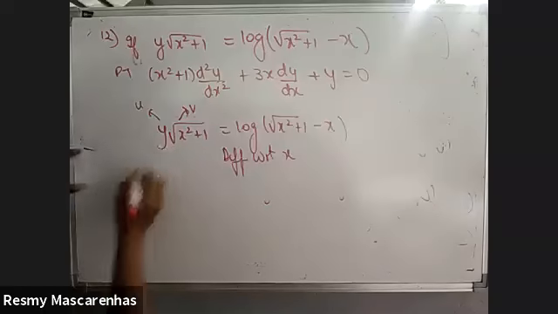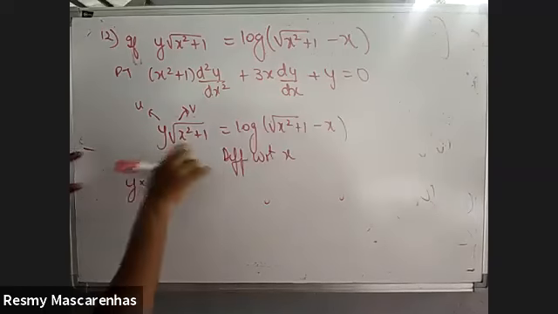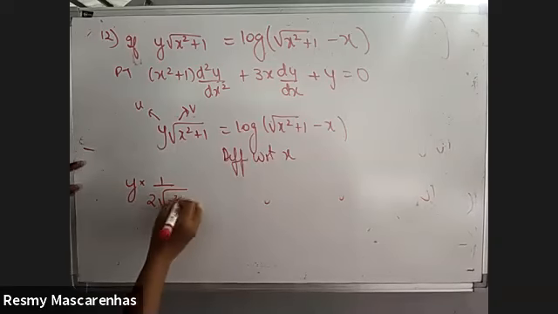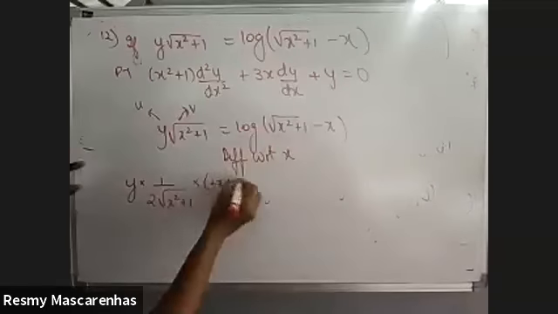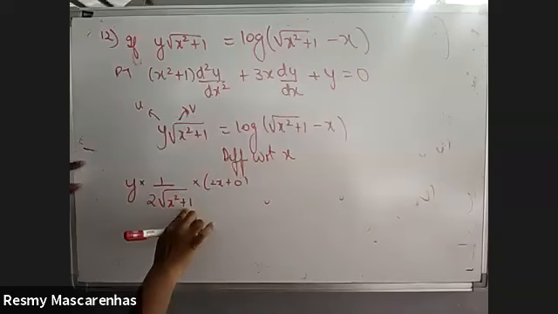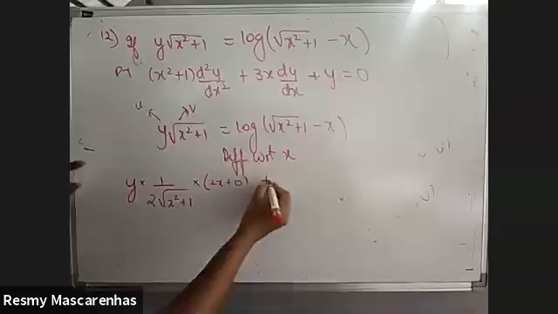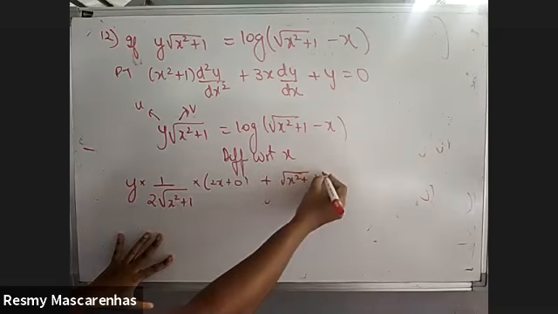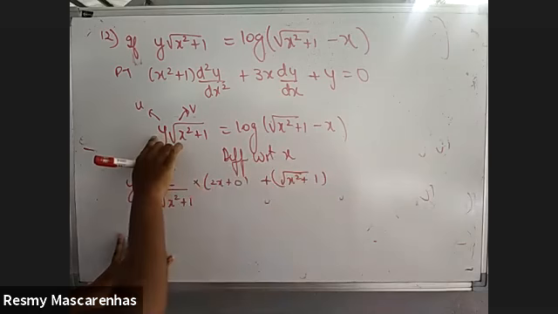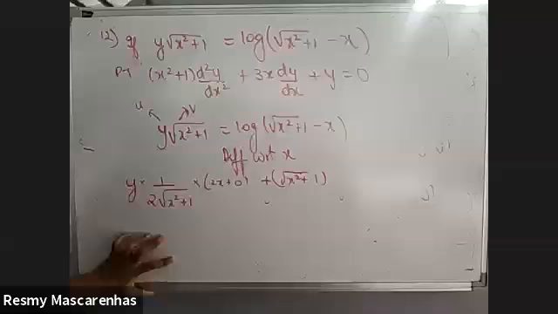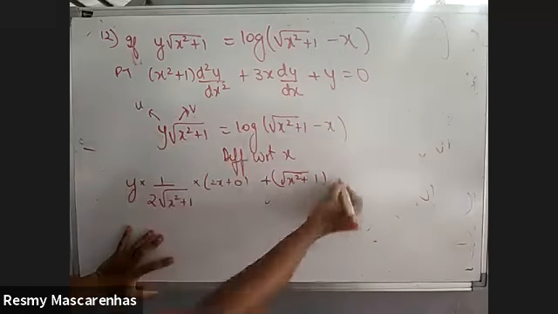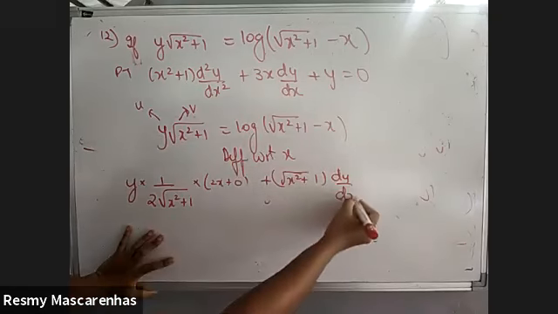So this will be U into the derivative of V. Now root of something is what? 1 upon 2 root into the derivative of this inside the bracket, plus V into the derivative of U. Now what they are using, either you can write y as y1 or dy by dx.